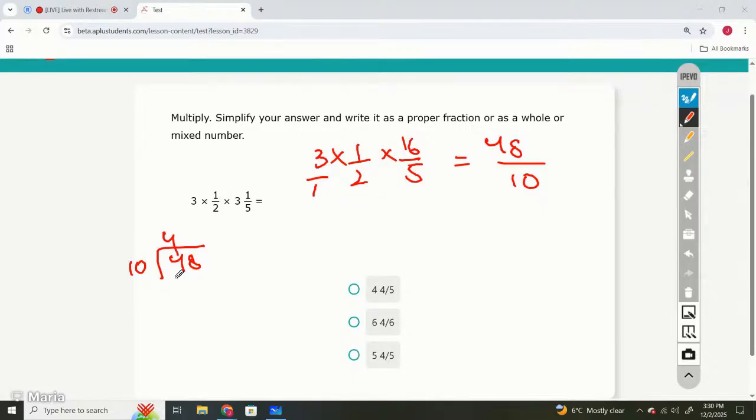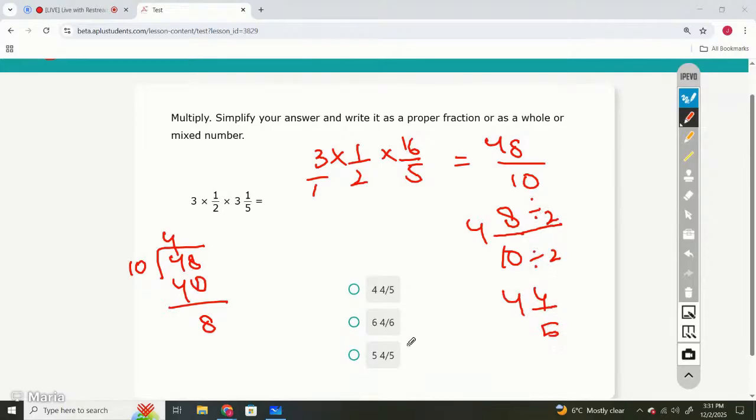48 over 10. 10 times 4 is 40. 48 minus 40 is 8. That is 4 whole 8 over 10. So divide the fractional part with the greatest common factor.